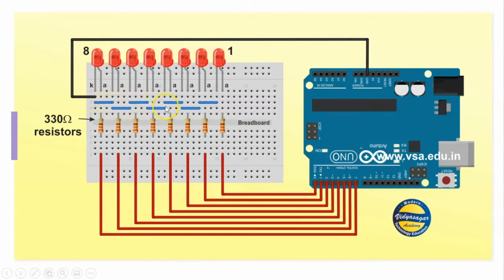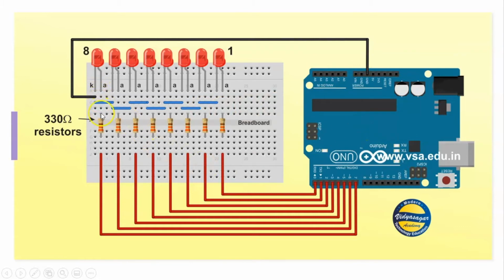After shorting them together, these cathodes are connected to the GND terminal of Arduino Uno board. So all the cathodes of the LEDs are connected to the negative terminal of the power supply of the Arduino board.